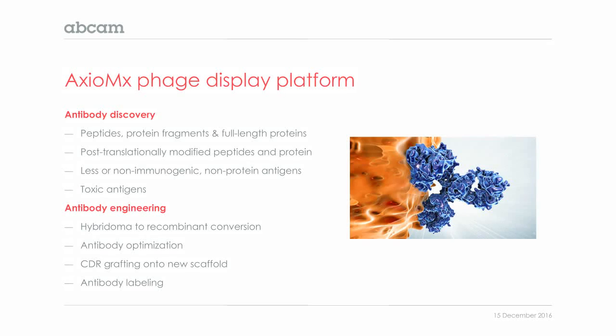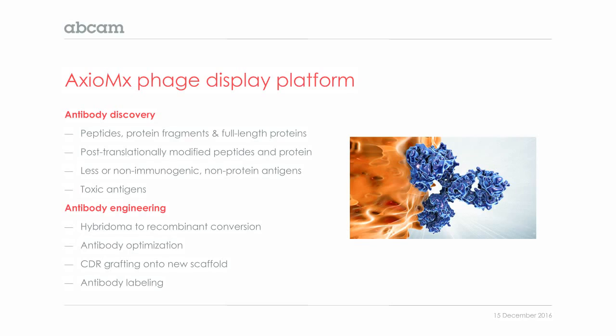The Axiomx platform has distinct advantages over traditional methods of antibody discovery. Apart from engineering binders against protein targets that include peptides and fragments, the platform is highly suited to generate binders against post-translationally modified proteins. It can also generate high-affinity binders to antigens that fail to induce an immune response, or against non-protein antigens where traditional methods fail to produce usable antibodies.